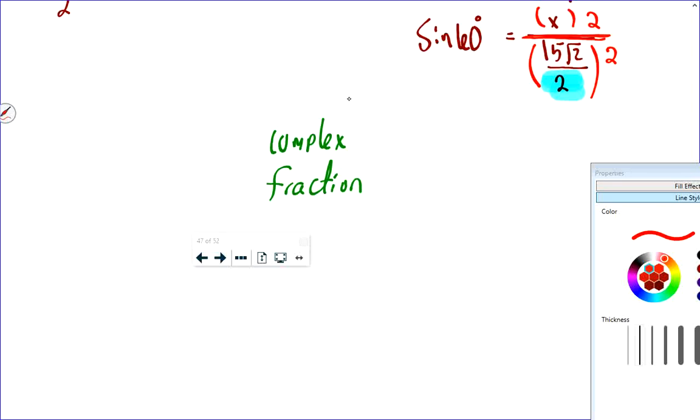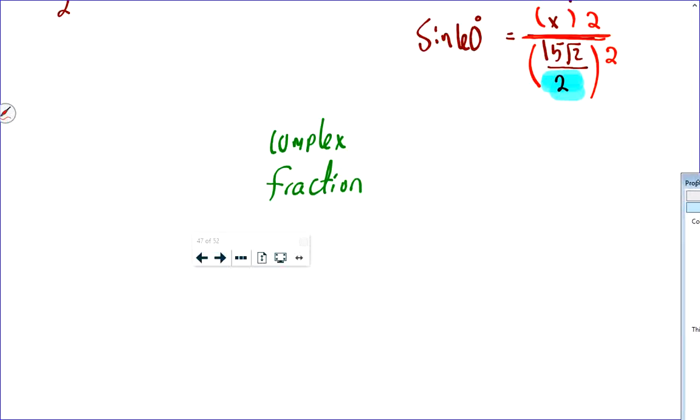Dividing by a fraction can be handled as multiplying by the reciprocal, but not all the time, because the fractions can get more complicated. So this is a general rule. What happens is we end up with 2x on the top, and on the bottom what happens is we have 15 root 2. Because these cancel.